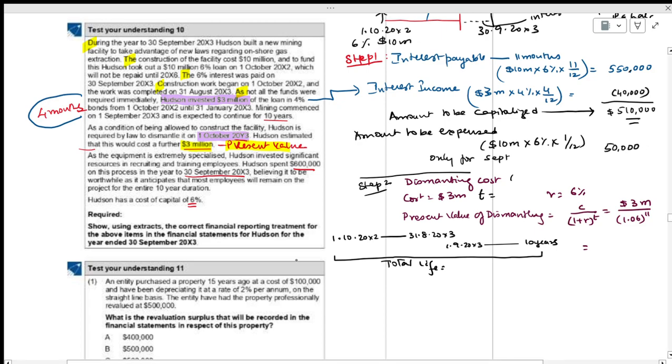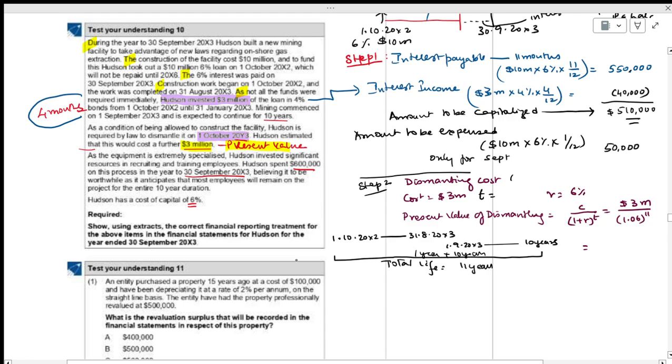This is almost 11 months, about 1 year, plus another 10 years. It will be 11 years.